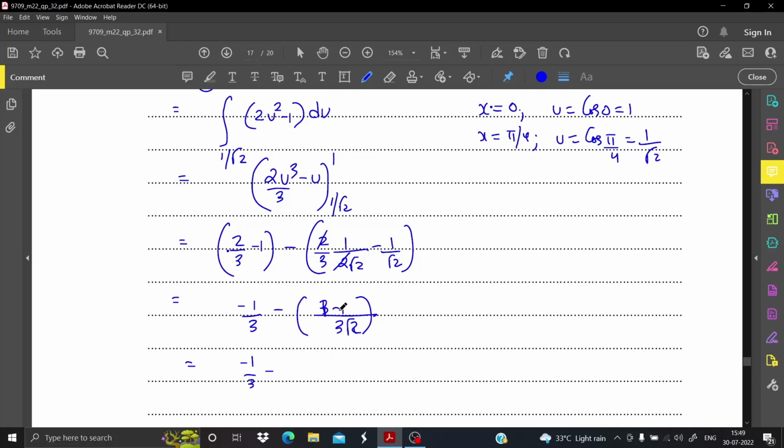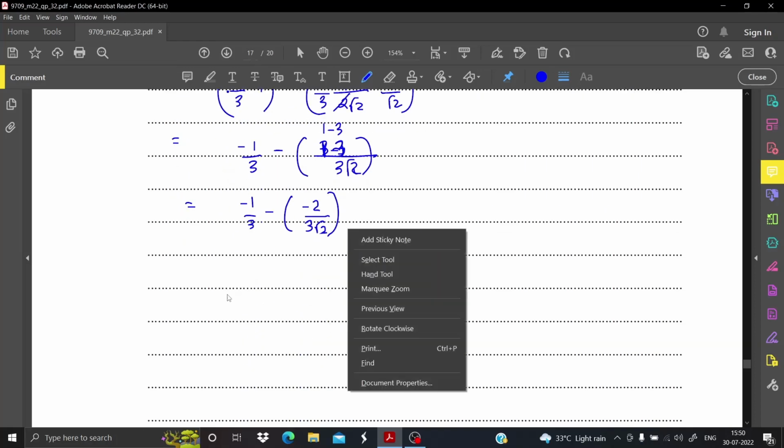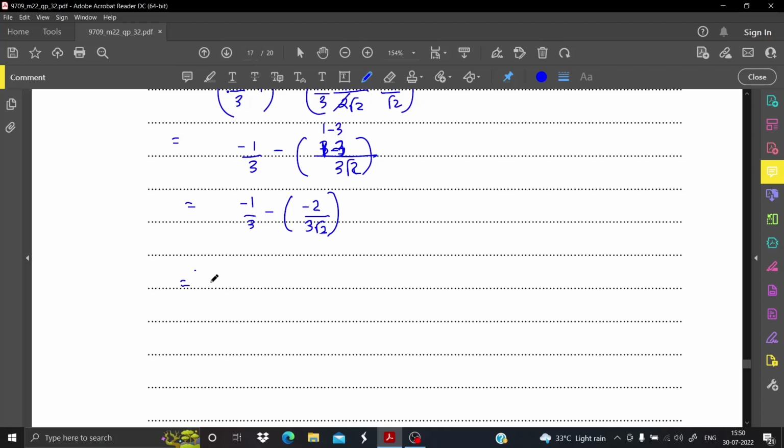This is 1 minus 3, so that will give you minus 2 by 3 root 2, and that will give you minus 1 by 3 plus 2 by 3 root 2.